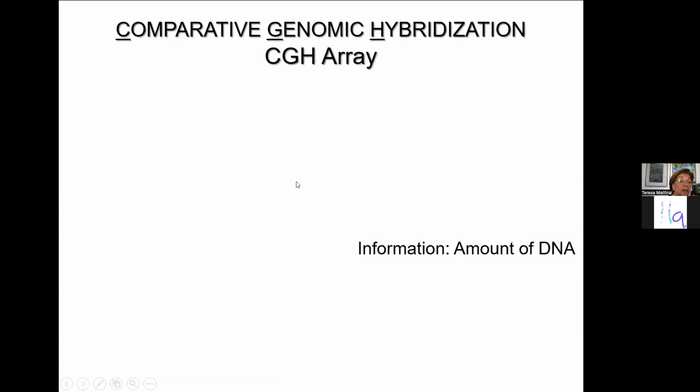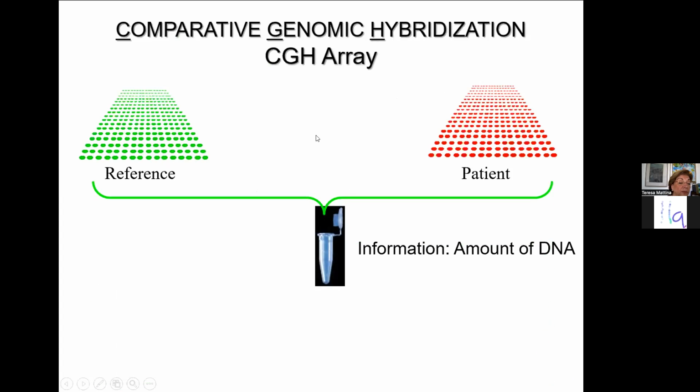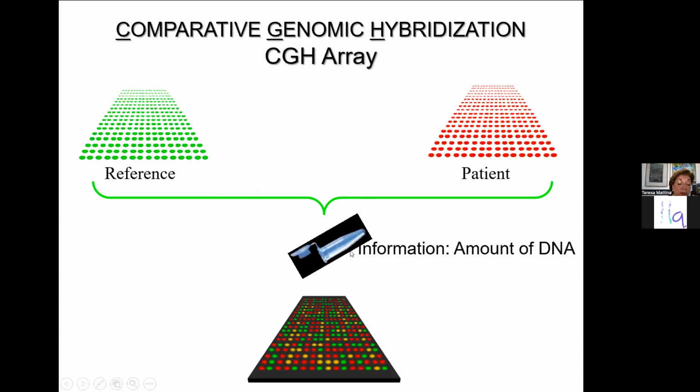But nowadays we have CGH array, that is a kind of measure. The amount of DNA of the patient is compared to normal DNA, and the amount is taken into account.